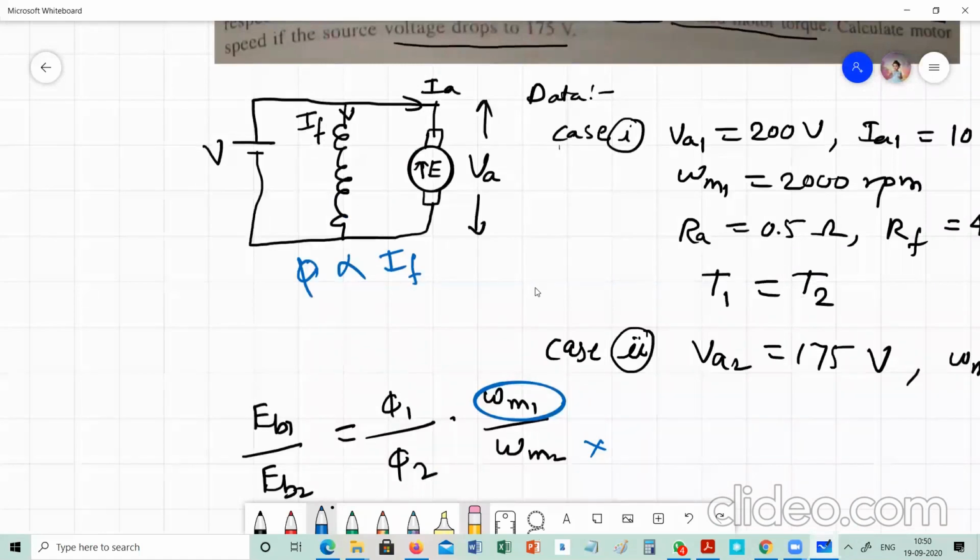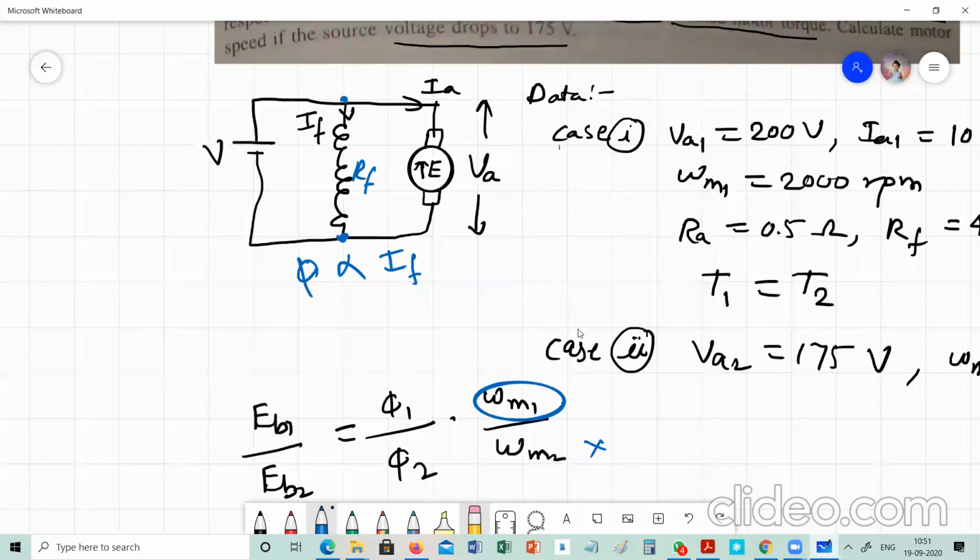And what is the equation of the current? Current is equal to voltage across that winding divided by resistance of that winding. Suppose the resistance of this winding is RF, then obviously IF is equal to voltage across that winding, that is VF, divided by RF.